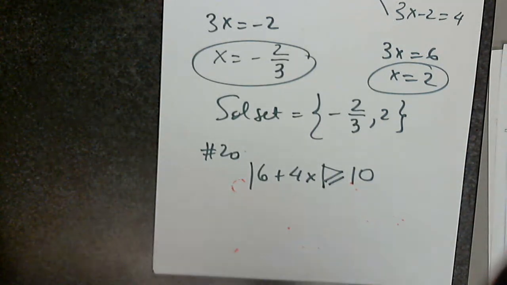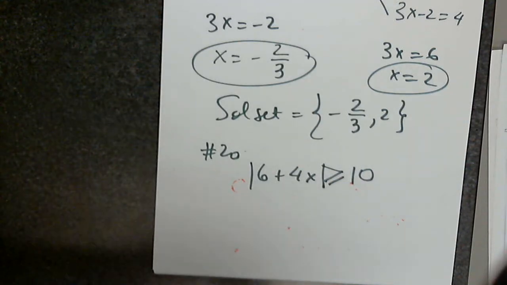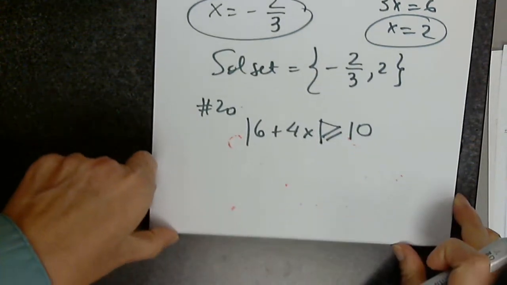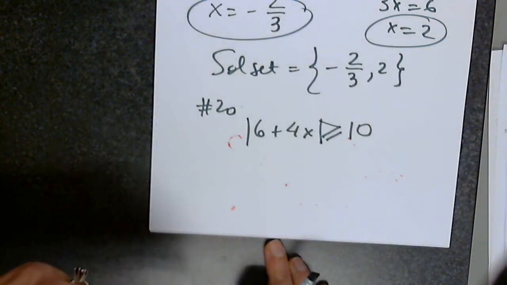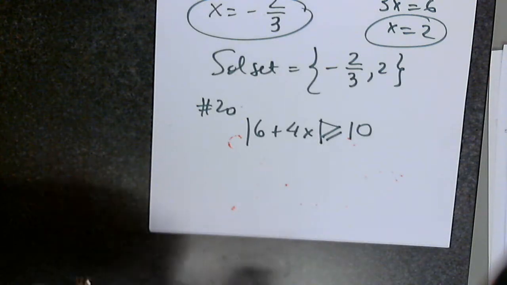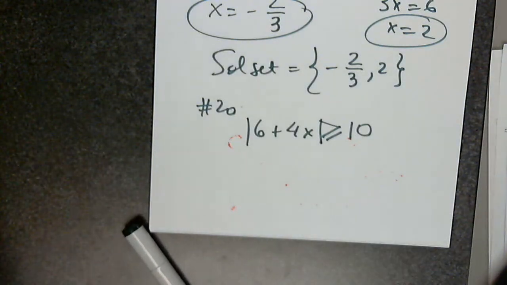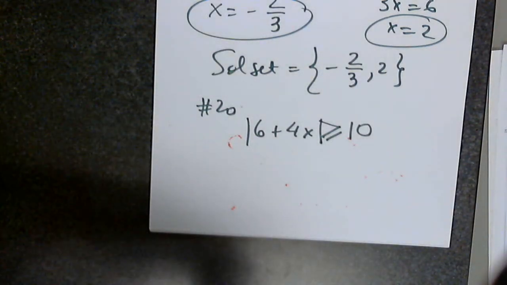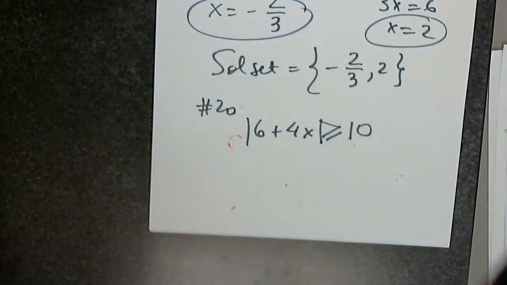Okay, so what do we do with this? What are the options here? So it's the absolute value, it's an inequality, so the options are this or this. Which one is it? Exactly, it's this.